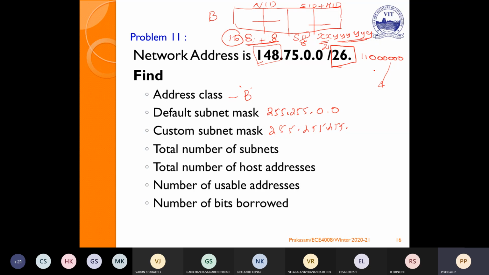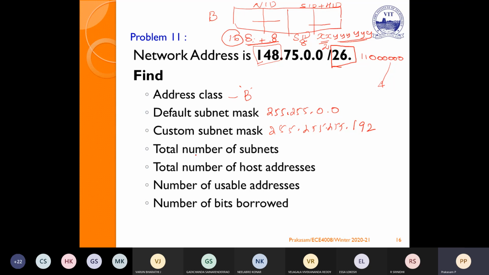What is the equivalent decimal for this? 192. Yeah, 192. Now the custom subnet mask is 255.255.255.192.